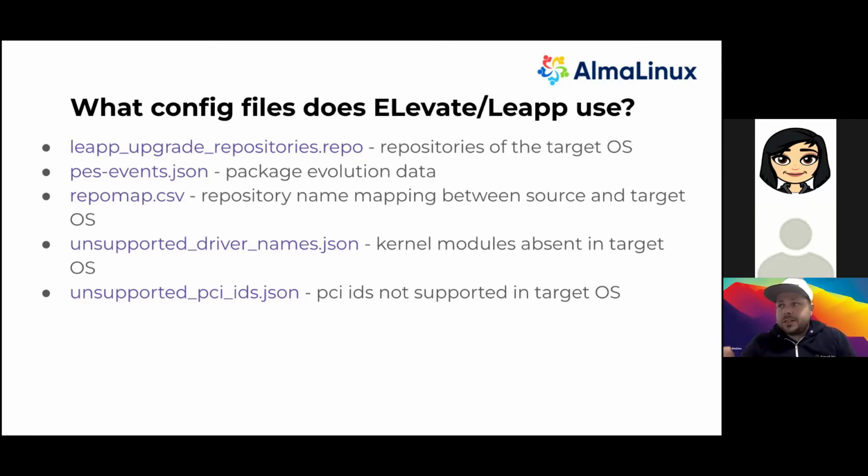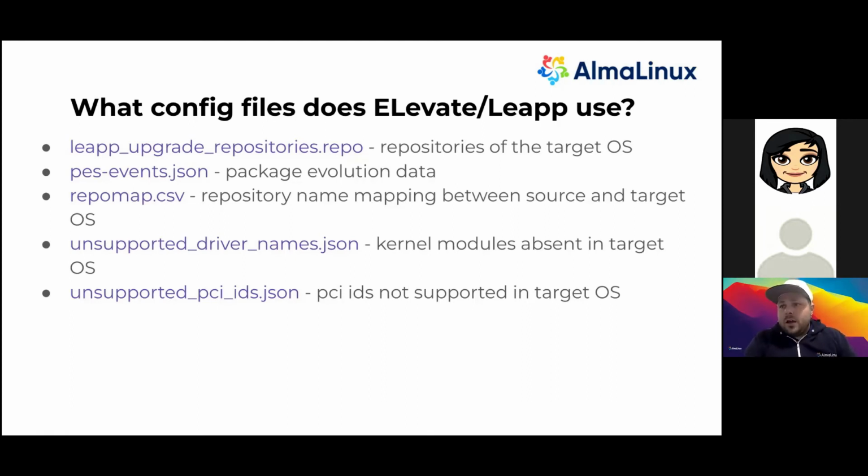Repomap.csv, which basically maps the source repository to the target OS repository. Another file with unsupported driver names. Of course, you're upgrading between major versions, so there is going to be some stuff that was deprecated. We need to know what those are to let you know, because you need to know that those won't work in your new target OS.